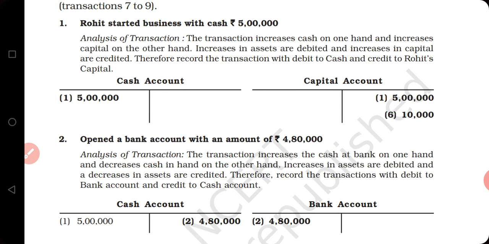If Rohit starts the business, rupees 5 lakh will come inside as capital. Another impact is the cash, because Rohit is putting rupees 5 lakh into the business. So 5 lakh cash will come, and that cash will be treated as capital for the business. So we will prepare two T-shape accounts for understanding this transaction.